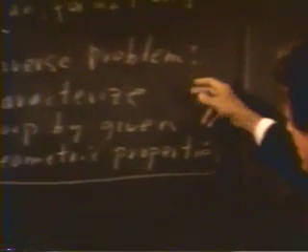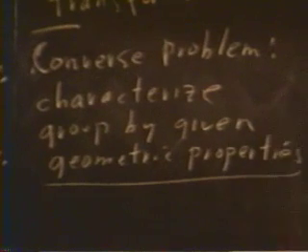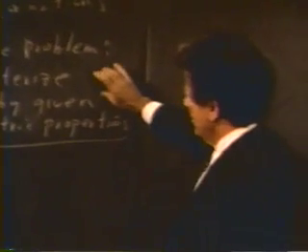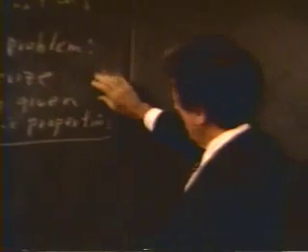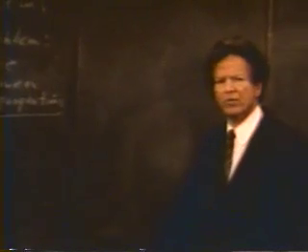Now, of course, the synthetic program we'll talk about next time can be regarded as the converse of Klein's program. Namely, we characterize the group by giving geometrical properties and the axioms they satisfy. Thus, for example, we characterize the group of similarities by the qualitative axioms for Euclidean geometry in terms of the two geometric concepts of betweenness for order and congruence for line segments, as discussed just a few moments ago.